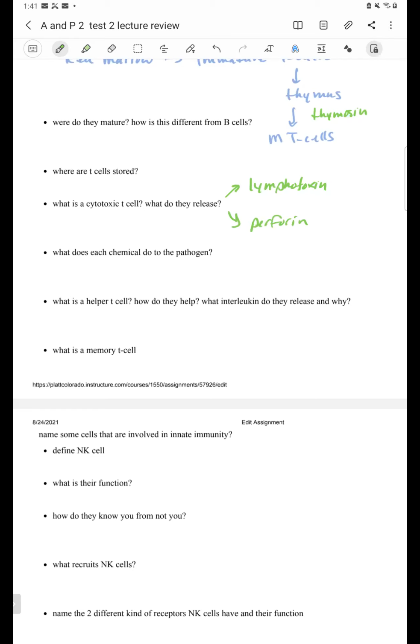The lymphotoxin is designed to destroy the DNA of the antigen, and the perforin is designed to create cell lysis by chemically punching holes into the pathogen's membrane, so perforating. Perforin is a derivative of perforate, right? So you're punching holes into the antigen.